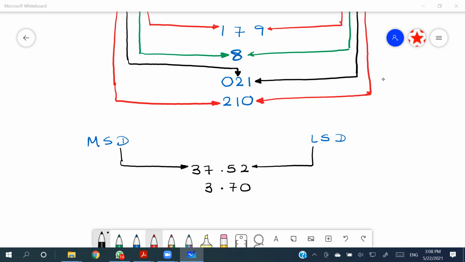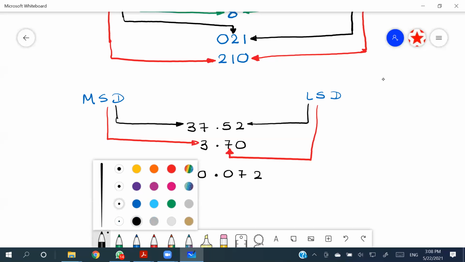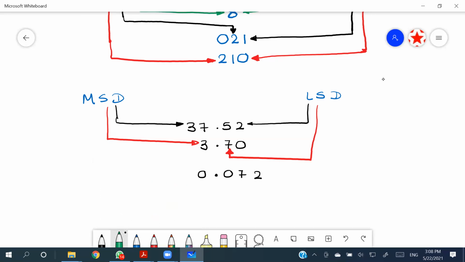So if it is 3.7, MSD is going to be 3, the leftmost value, which is not a 0. LSD is going to be 7, rightmost value, which is not a 0. Right? And if we take 0.072, MSD is going to be 7, and LSD is going to be 2.